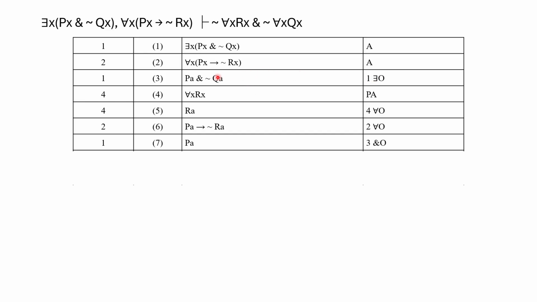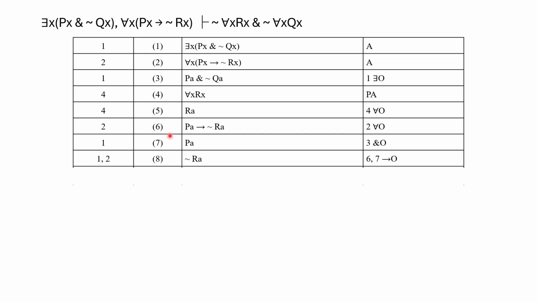So we've got the PA up here, we just need to bring it down from ampersand out. Now I've got a conditional statement, I've got its left side, so I can get its right side. So tilde RA, so 6 is where the conditional is, 7 is where the antecedent is, so I can get the consequent, 6 and 7 arrow out.